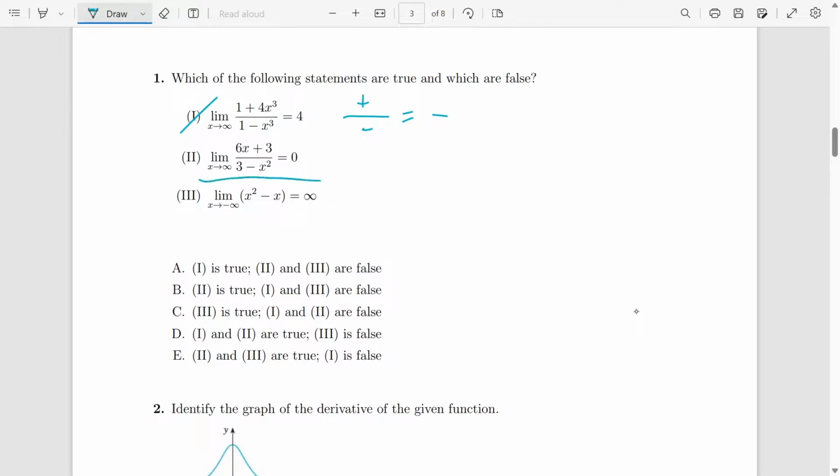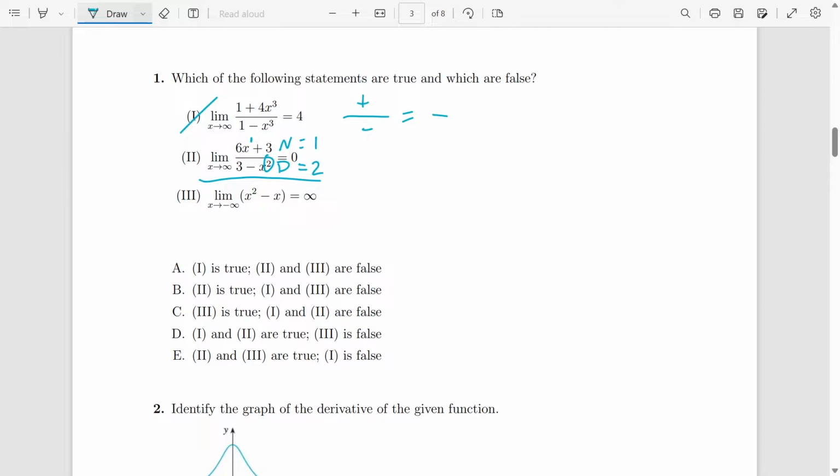Number 2, limit as x approaches infinity of this equals 0. Instantly I can see this is true because look at the order of the numerator and look at the order of the denominator. Numerator order is 1. This is 6x to the 1. The order of the denominator is 2. And if the denominator's order is ever bigger than the numerator and you're taking the limit as it approaches infinity, it's always 0.